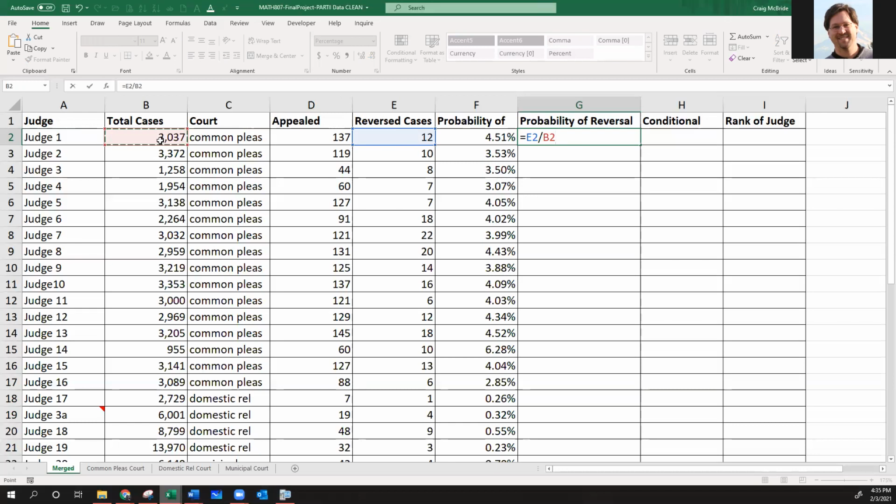So I click on that cell, and you can see that it writes in E2, B2. I could have typed in E2, B2 as well, but I just click because I'm lazy. Hit enter, and that is now defined as the probability of a reversal for that judge. Now we could do it all over again. The next one equals this judge's reversals divided by this judge's cases, and hit enter.